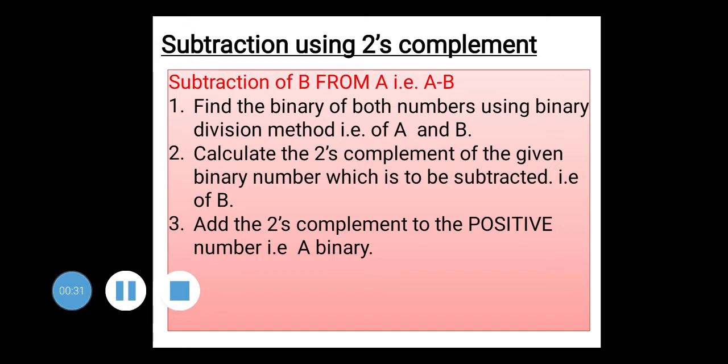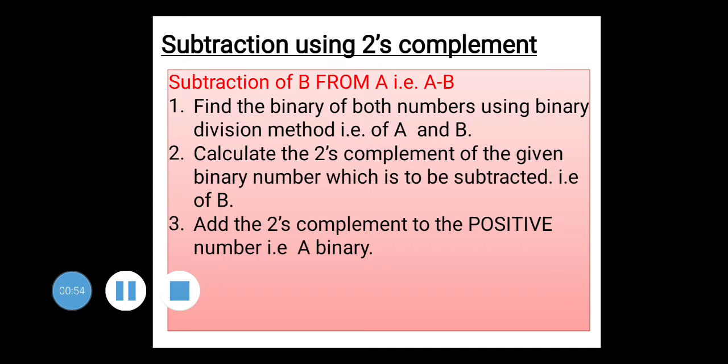We are going to subtract A minus B. The very first thing you are going to do is convert the given number A, if it is given in decimal, into binary, and B, if it is given in decimal, into binary. This is the first step.